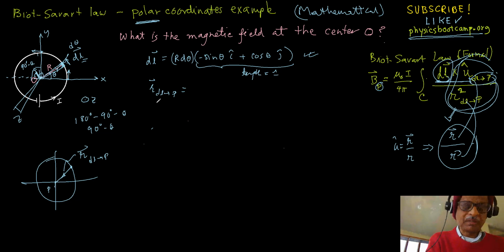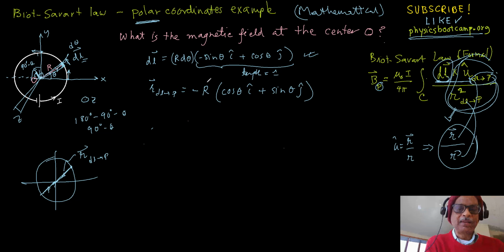So let's do this R. What this R vector will be is just a radial vector, negative. So it has a negative R. So this direction is that direction. If it was that direction, it's going to be cosine theta i hat plus sine theta j hat.